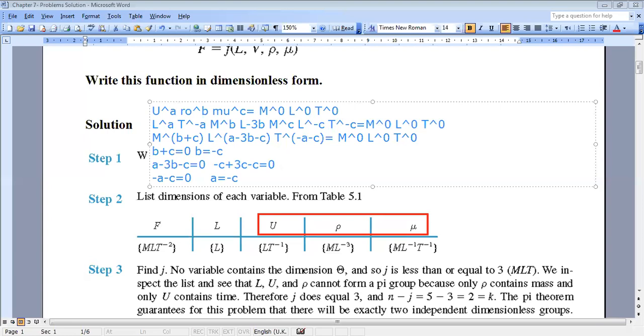So this will give me that the value of C is 0. And therefore B is equal to 0 and A is equal to 0.